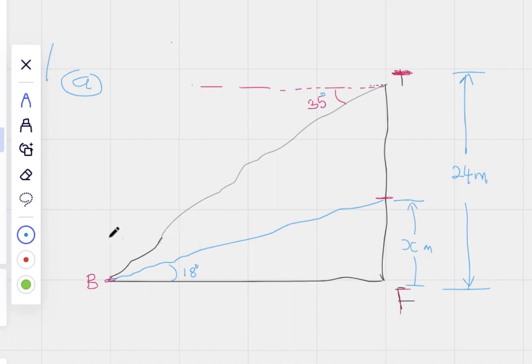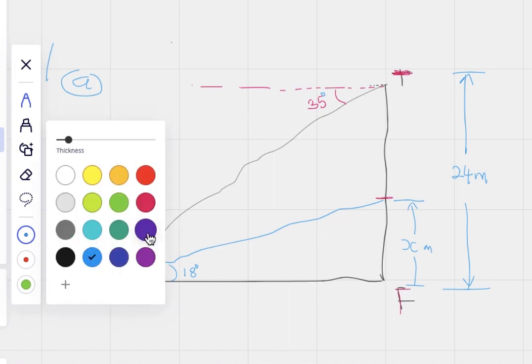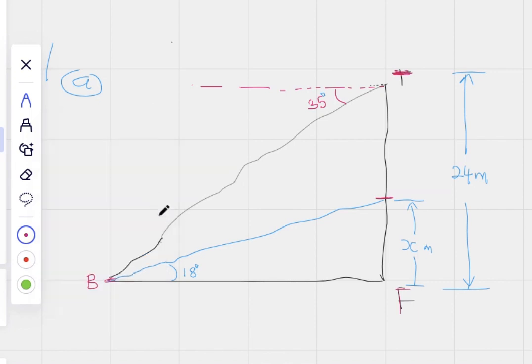Remember, the whole angle of depression is equivalent to this angle of elevation. Even though they've not asked us for this, the whole of this is 35 degrees, because the angle of depression is equivalent to the angle of elevation.